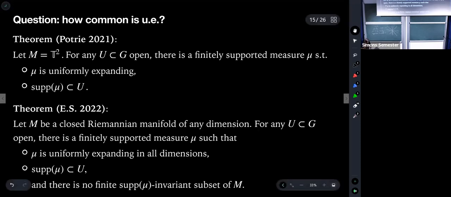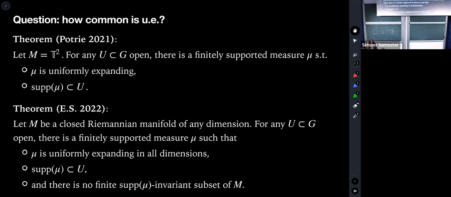So my work is expanding on this. I built on the work of Potrie and showed that you can actually do this for manifolds of any dimension and any manifold. And in addition to saying that you can build something that's uniformly expanding, in the higher dimensions, obviously, you have to think about expanding in any dimension because you have to deal with the intermediate cases of the subspaces.